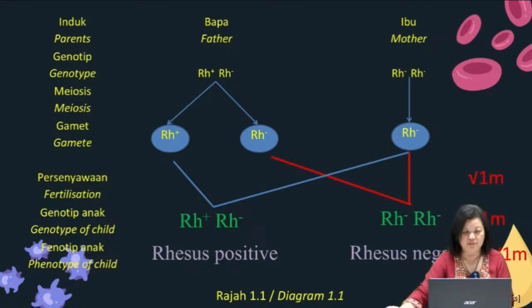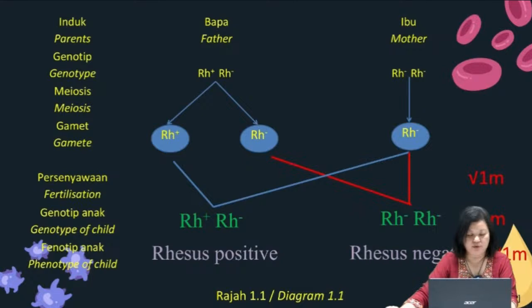During meiosis, the pair of alleles of each parent will segregate. The father will produce gametes, rhesus positive and rhesus negative.